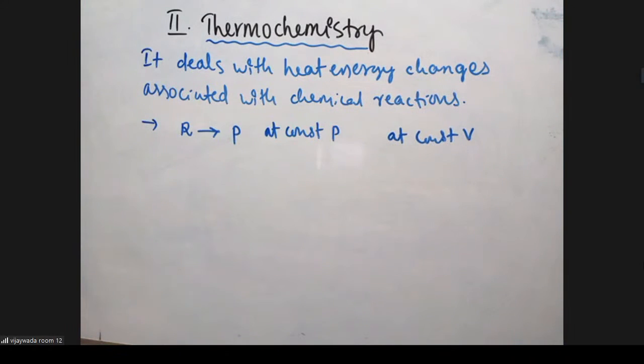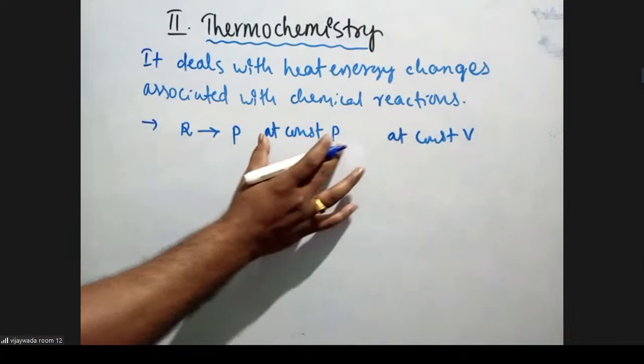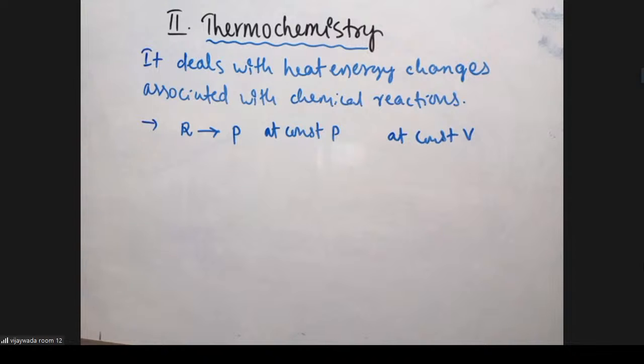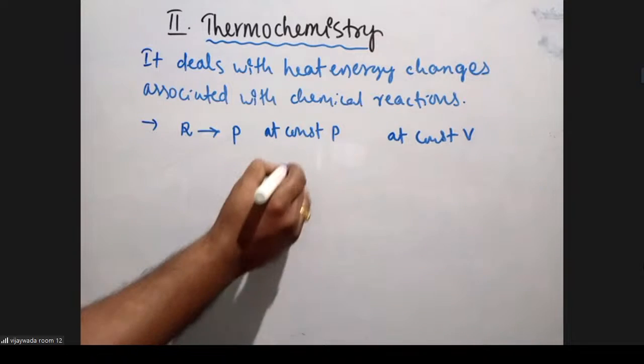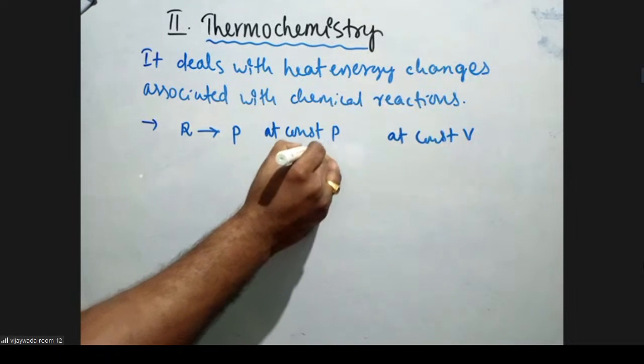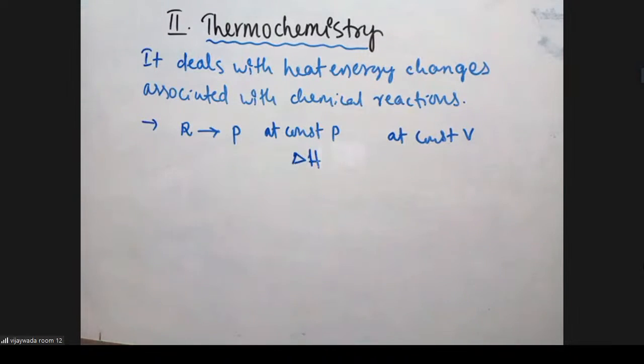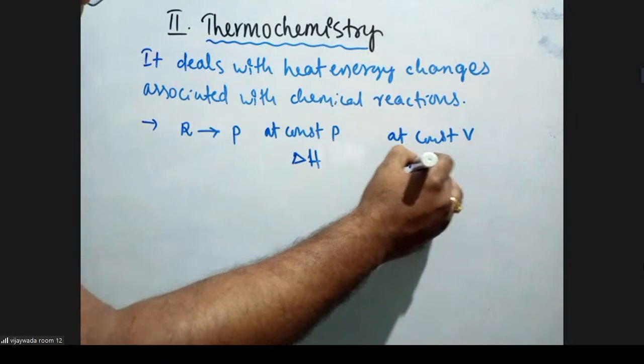At constant pressure, the change in heat energy is called delta H, enthalpy. At constant volume, delta U.